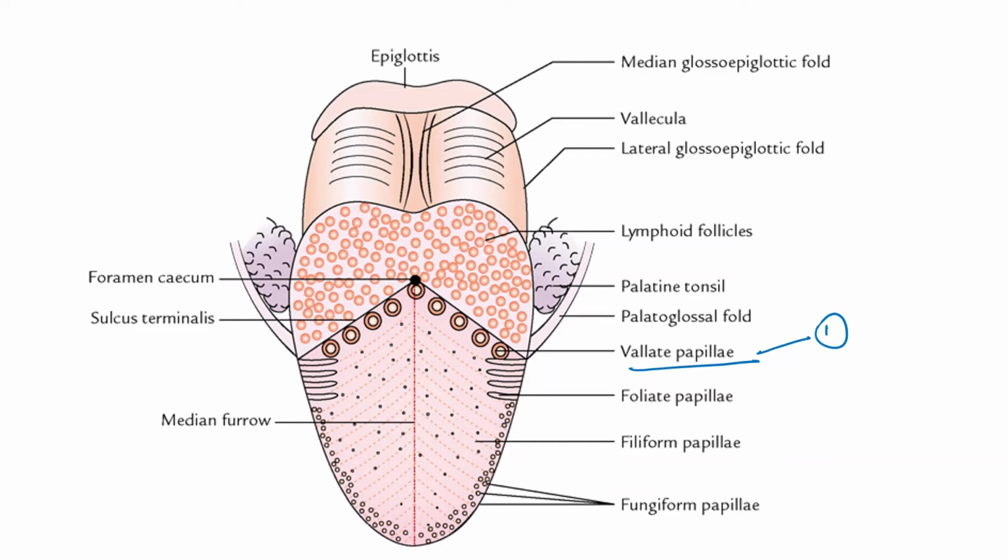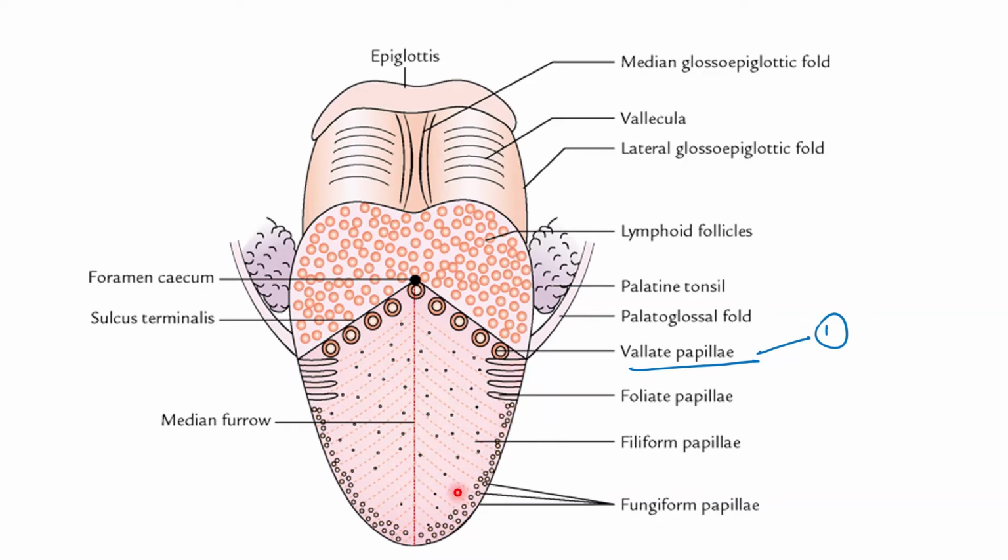These vallate papillae are arranged in a V-shaped linear pattern immediately in front of the sulcus terminalis, and they are the largest papillae present along the dorsum. These circumvallate papillae contain taste buds on either side.